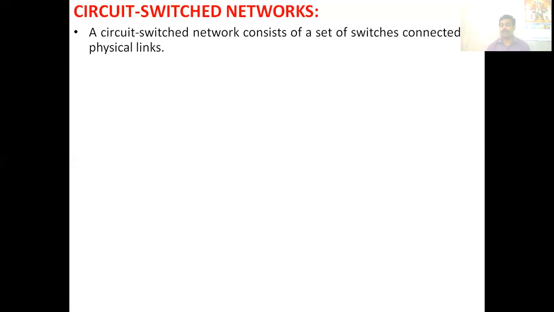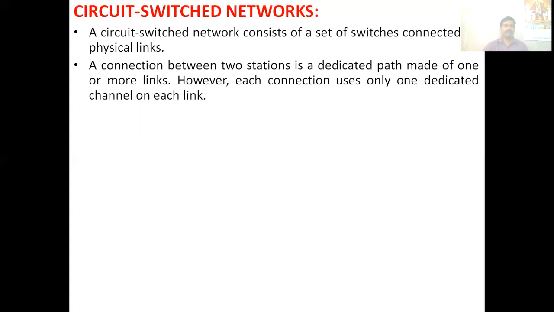A connection between two stations is a dedicated path made of one or more links, but each connection will be using only one dedicated channel on a link.